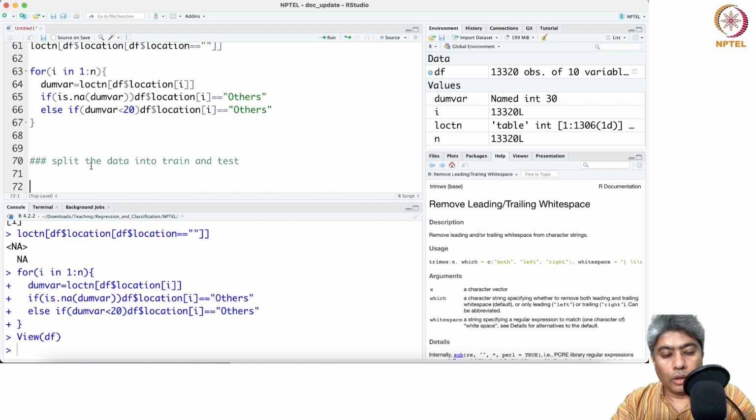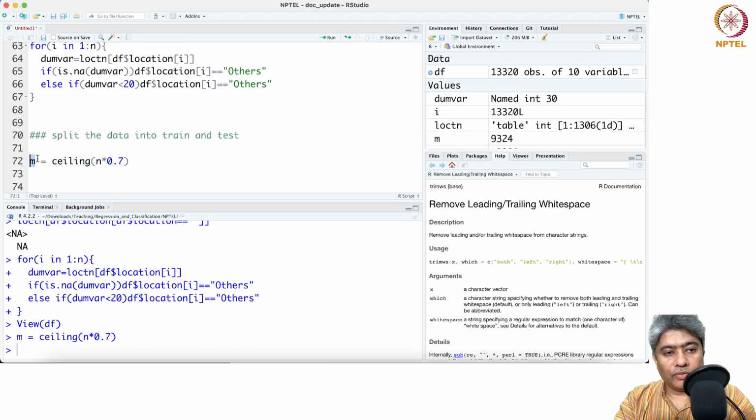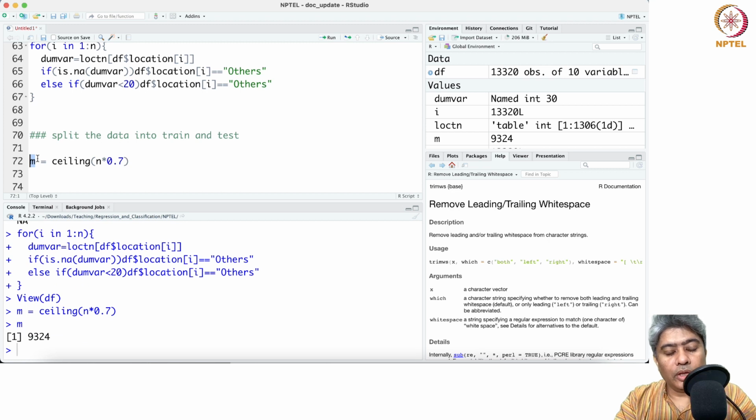So the first thing I will do: m equal to ceiling of n times 0.7. So out of 13,320 instances, 9,324 we will take as the training data set.